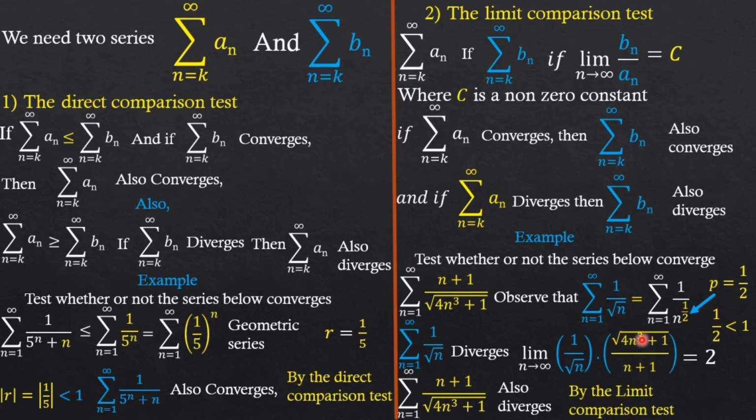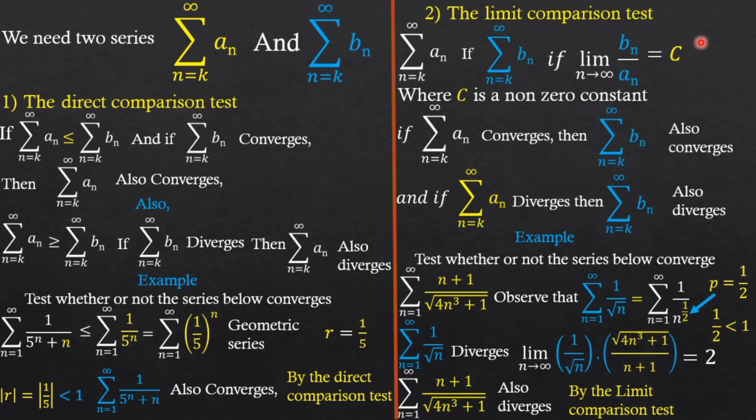So we have n cubed inside the square root, that's n cubed raised to the power 1/2, which is simply n raised to the power 3 over 2. Then we have the square root of n, namely n raised to the power 1/2, times n, which is simply n raised to the power 3 over 2. It will cancel with the one we have at the top. At the end, we are going to have an answer of 2.